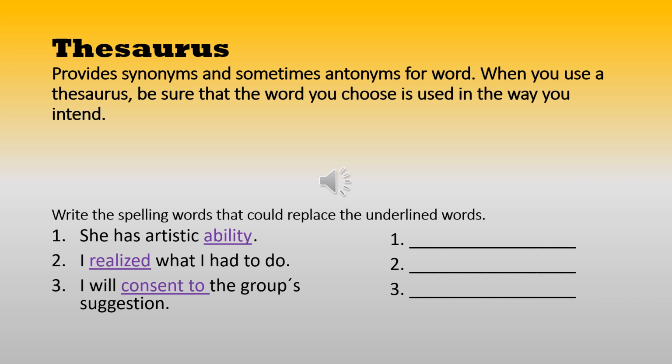The word that is underlined is consent to. So figure out another word that could replace or be a synonym of consent to, and write the answers right here. Where the blank lines are, that's where the answers are going to be.